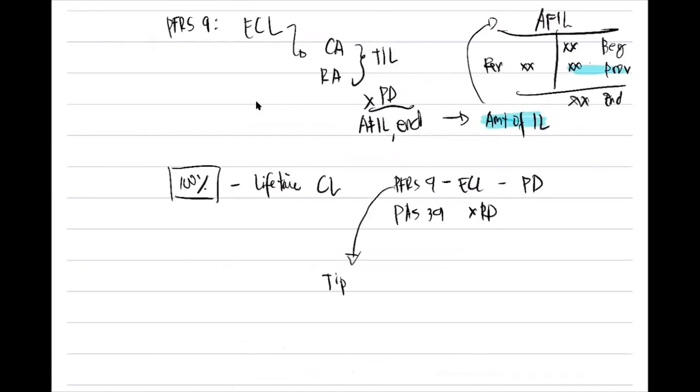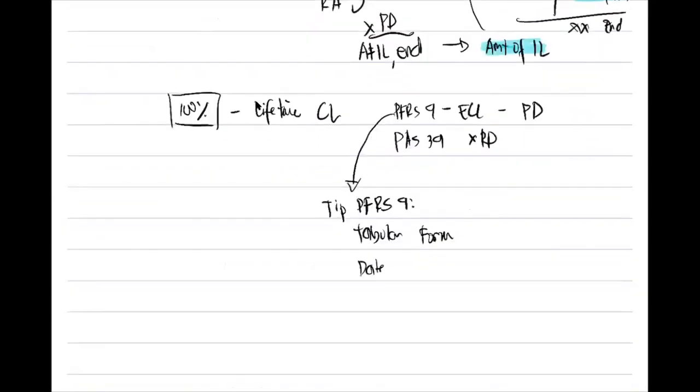A tip in your PFRS 9: make a tabular form. It has the dates and the estimated collection or collectability percentage. I don't know what the authors use, but normally it is expressed as a percentage of how much you can still collect out of the principal, and then you use the probability of default.